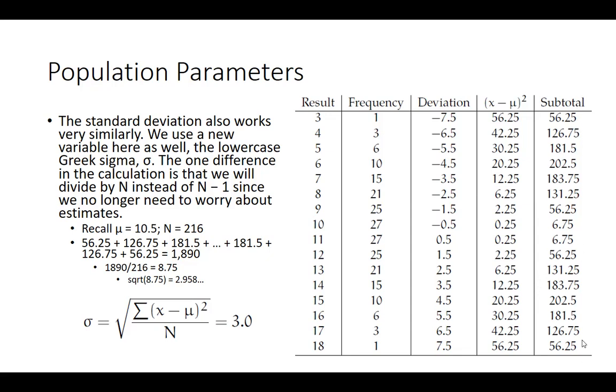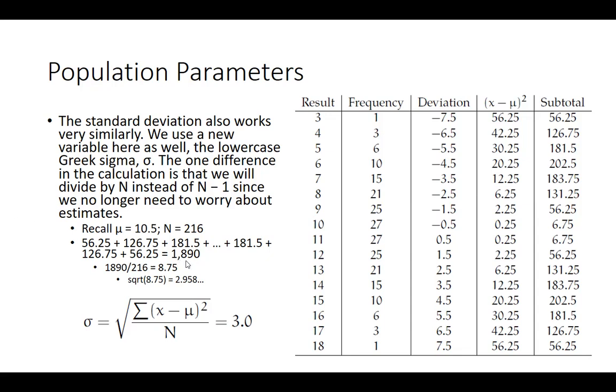The sum of our subtotals is the sum of our squared deviations. So we add up 56.25 plus 126.75 plus 181.5 plus 202.5 all the way to 181.5 plus 126.75 plus 56.25.